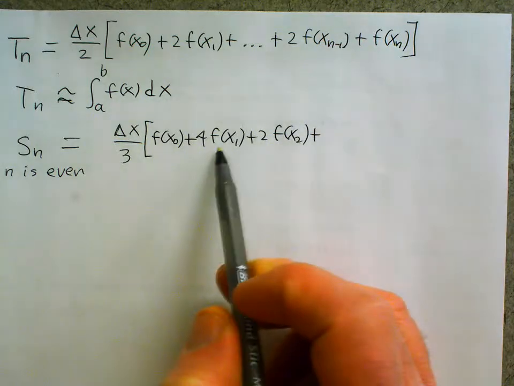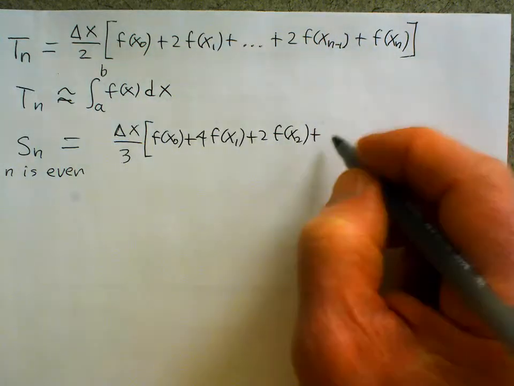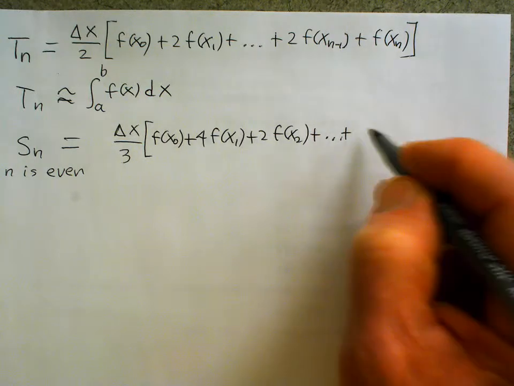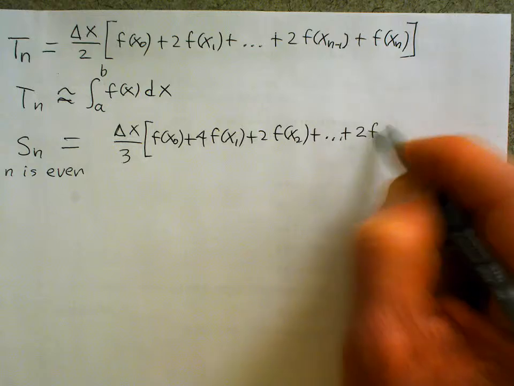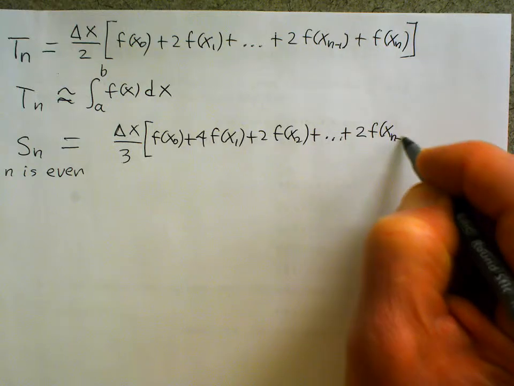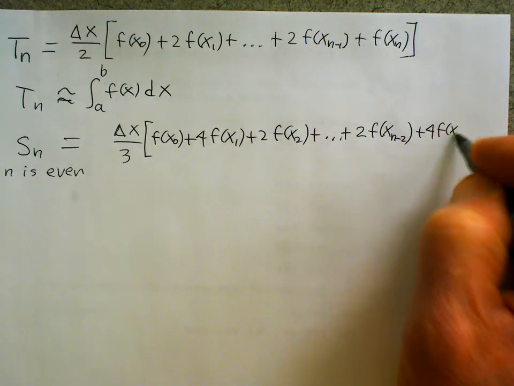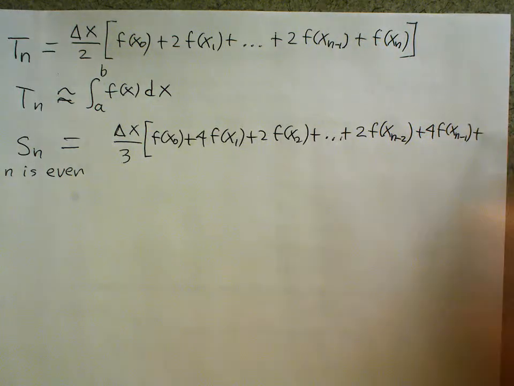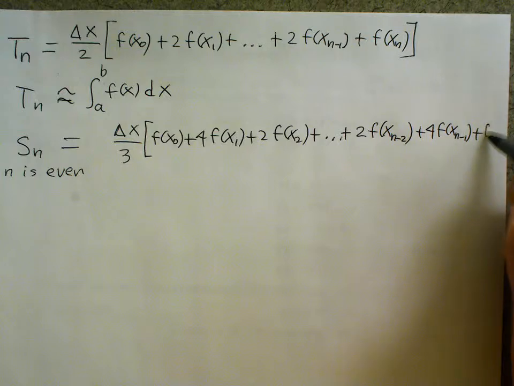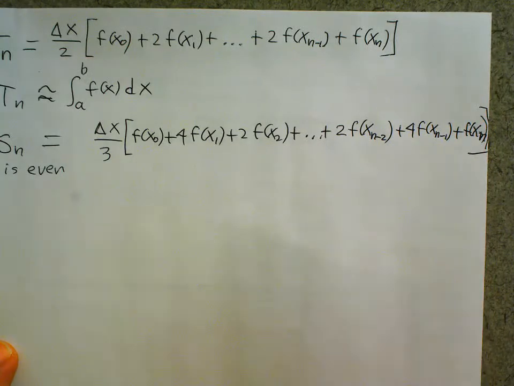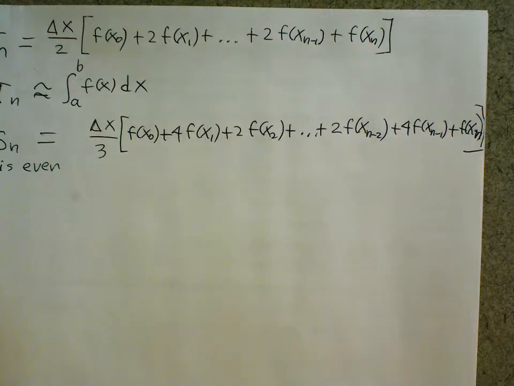The coefficients alternate 4, 2, 4, 2 throughout the intermediate parts. And at the other end, we have 2 times f of x sub n minus 2 plus 4 times f of x sub n minus 1 plus the last term, f of x sub n. You can read my writing, but you no doubt have that memorized already anyway.